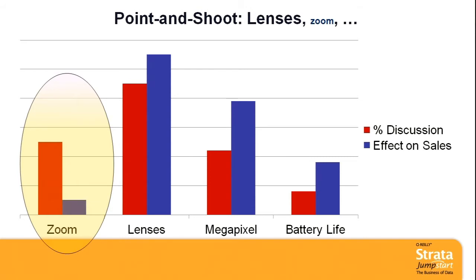So it's not a design feature that actually affects sales. So the incorrect decision that this brand was being led to was the idea that we should pay more attention to the zoom capabilities of our cameras. In reality, it doesn't matter. Yes, people will talk and talk and talk about zoom. They will not buy based on zoom.